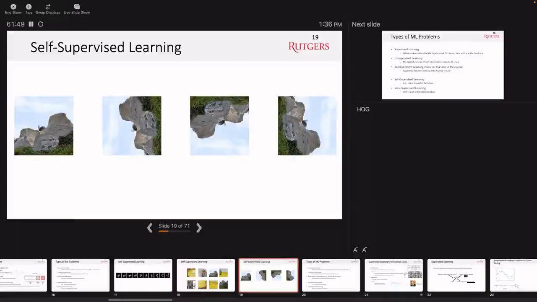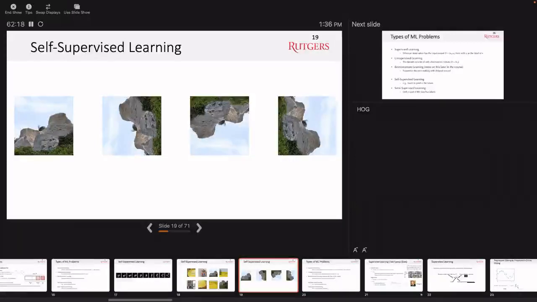I'm sorry? Homographic adaptation? Oh, what do you mean by homographic adaptation? I mean, like scaling the image, taking the rotation. Oh, yeah, that's doable. You can scale the image larger or smaller, and ask the model to predict the size of the image.